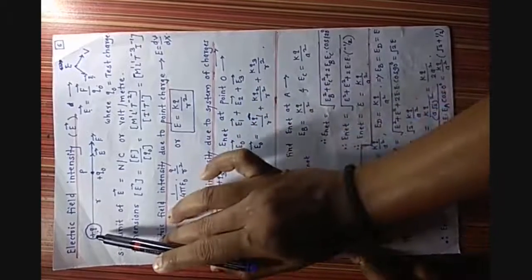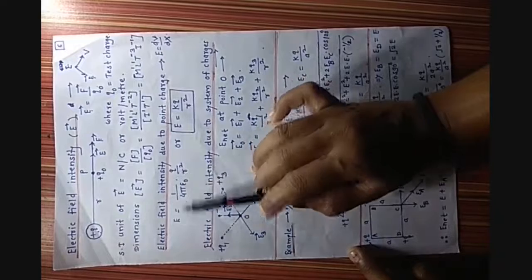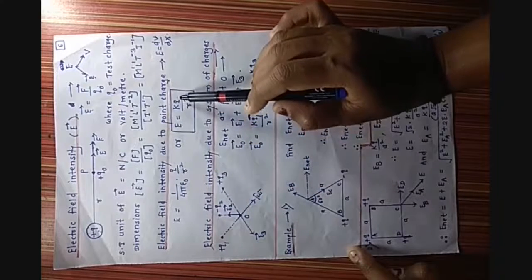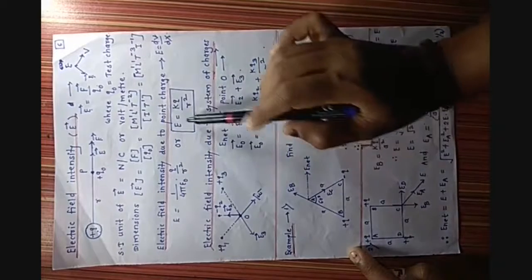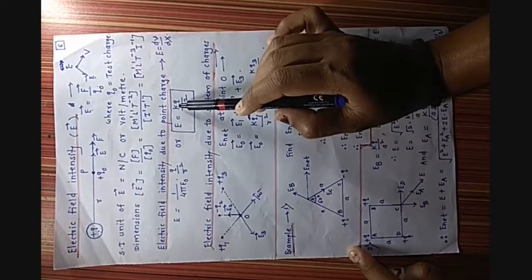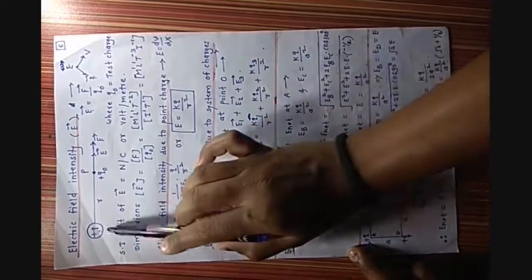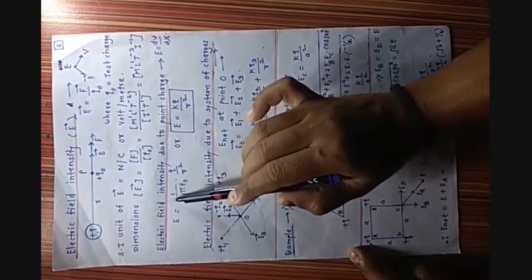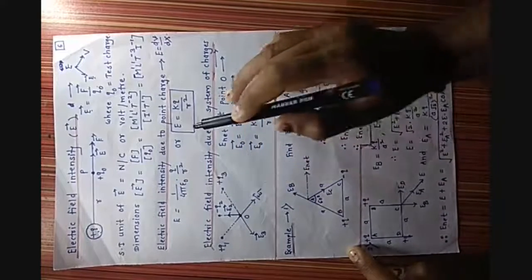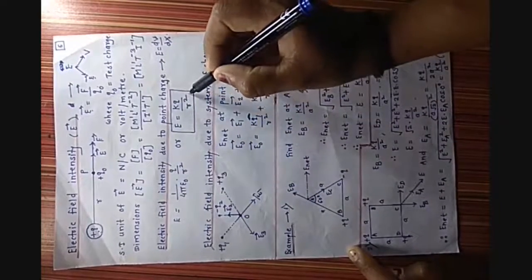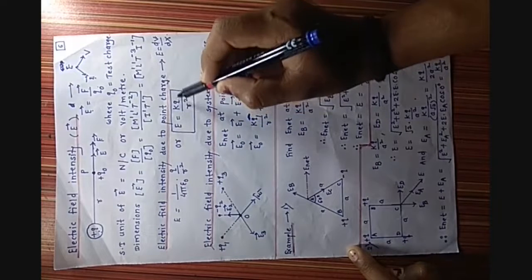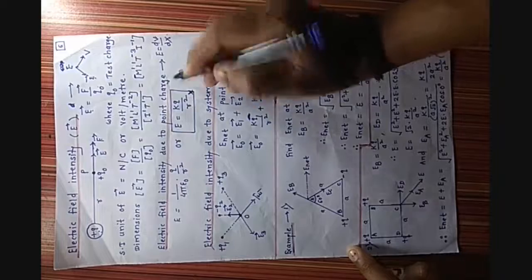So if there is a point charge, then it produces electric field intensity as E equals KQ upon R square, where K is nothing but the dielectric constant. The charge is placed in air medium, so K equals 1 upon 4 pi epsilon 0. Most of the time in entrance examinations we have to use this formula. E equals KQ upon R square.